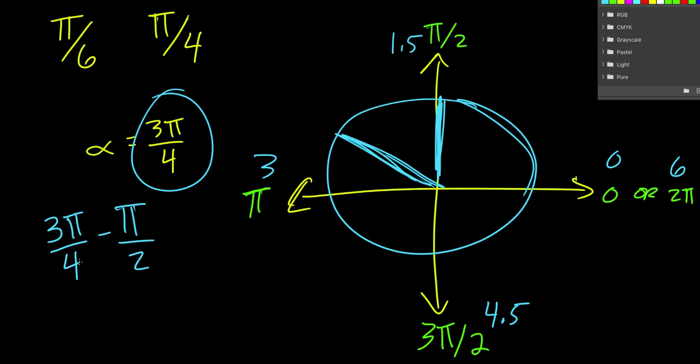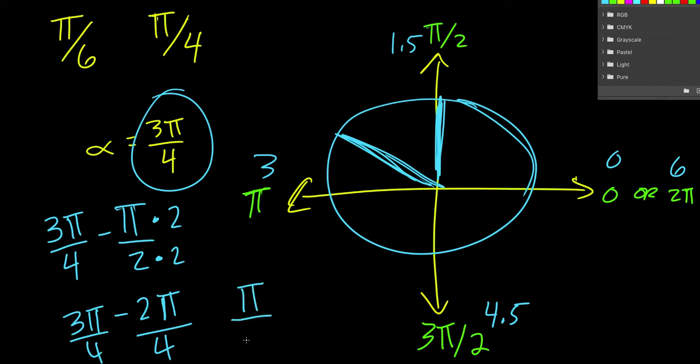And so to do that, I'm going to take this, multiply it by 2 over 2. And so we get 3 pi fourths minus 2 pi fourths. And if I do the subtraction, it's just pi fourths. So that means the angle from here to here is pi fourths.